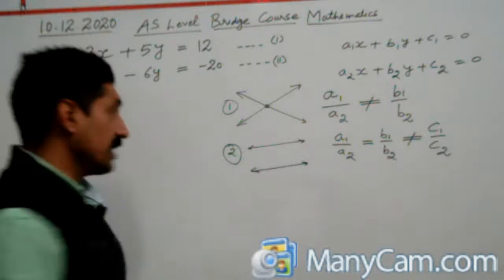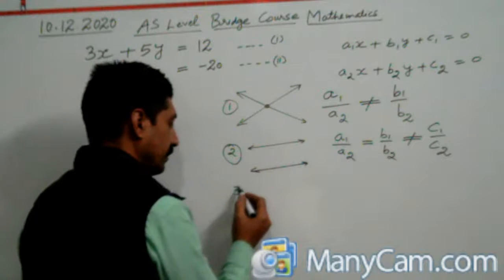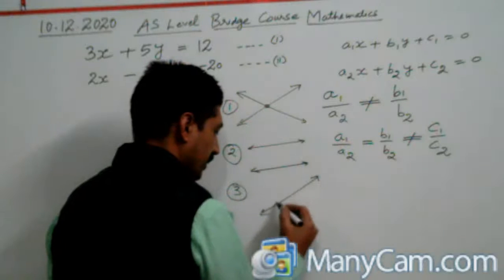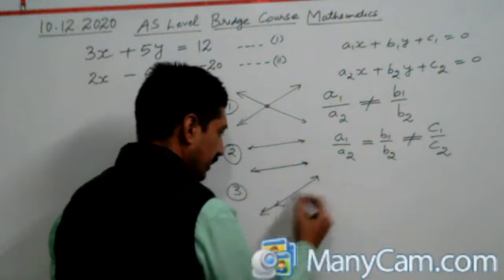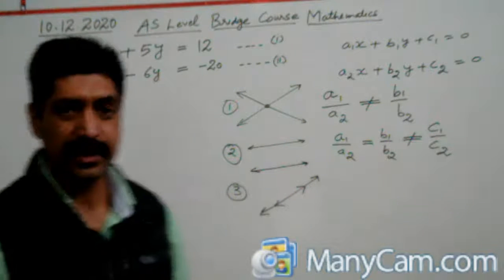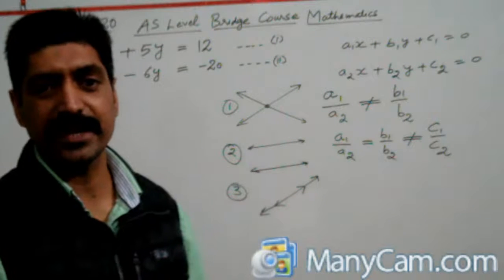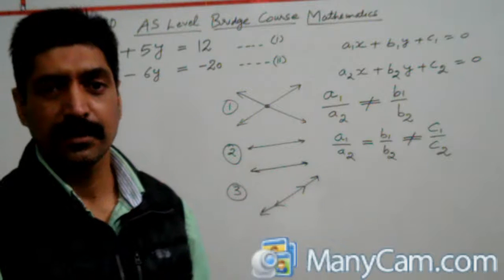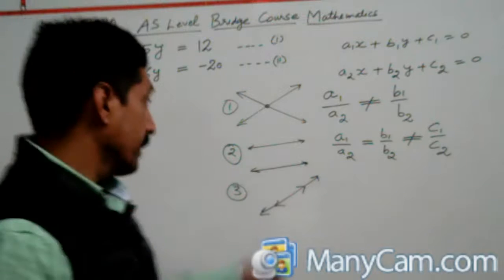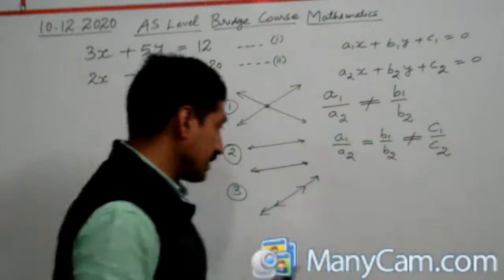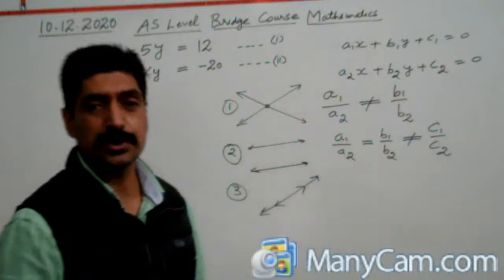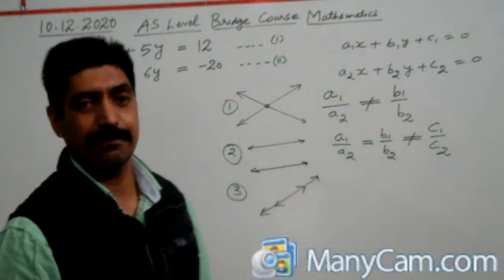And the third case, when the lines superimpose on each other. These are the only three cases, right? When both lines superimpose, they coincide with one another, meaning all the solutions of both the lines are the same.